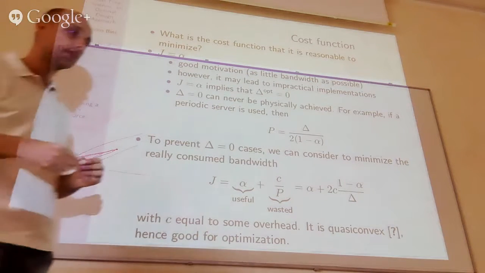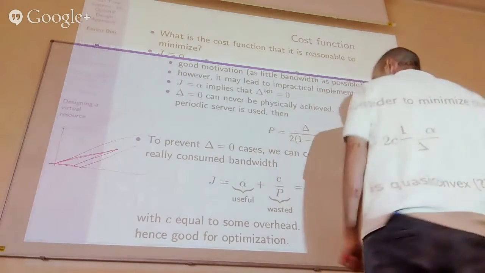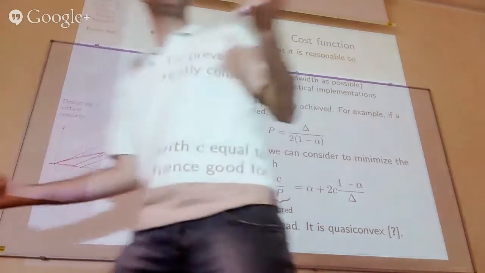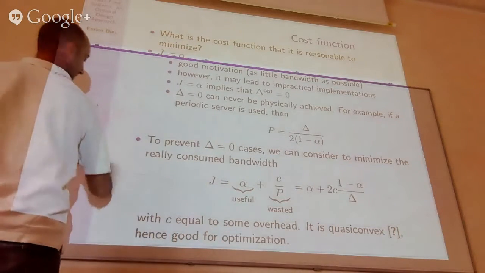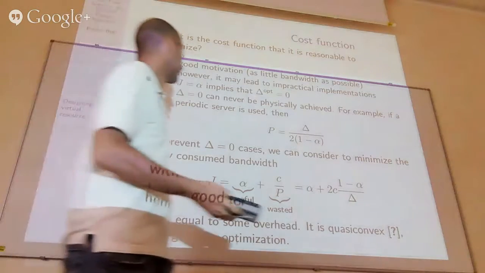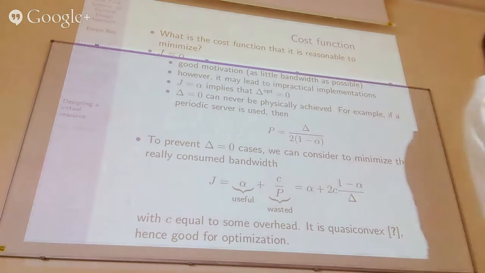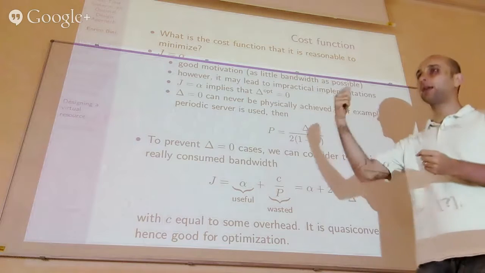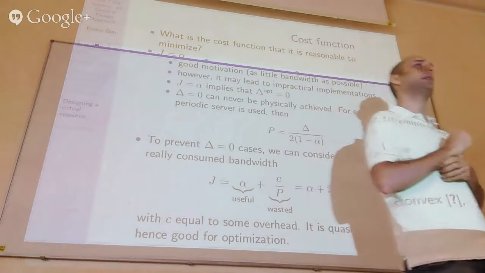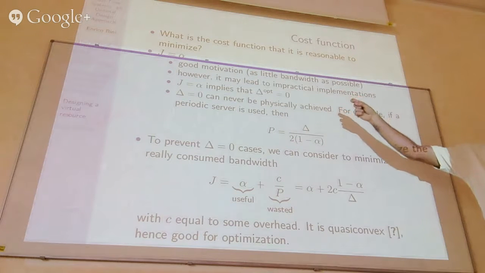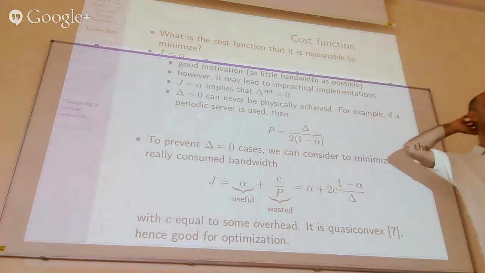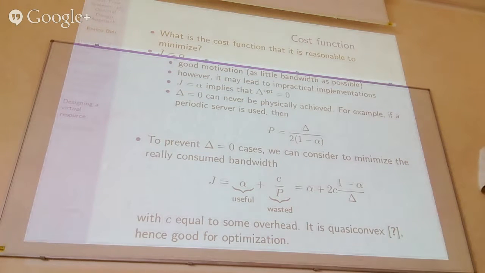So if you don't set any cost on a small delta, then you will always get problems, from the implementation point of view. Implementation as in translating alpha and delta back into server parameters like Q and P. Because if you have delta equal to 0, then you are going to have a period equal to 0, which is not really practical.